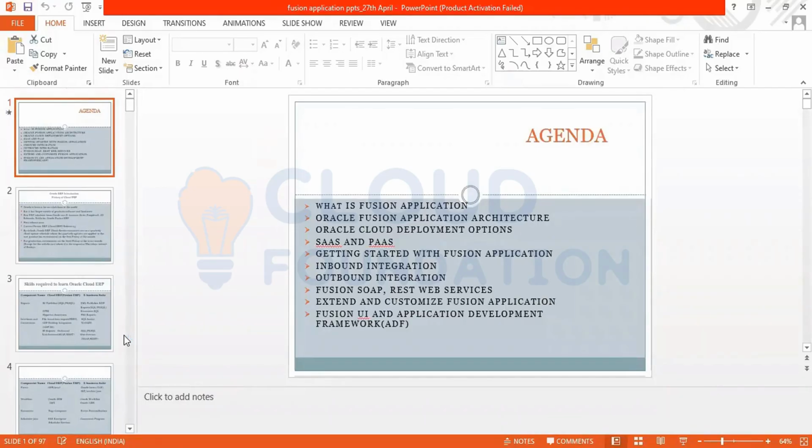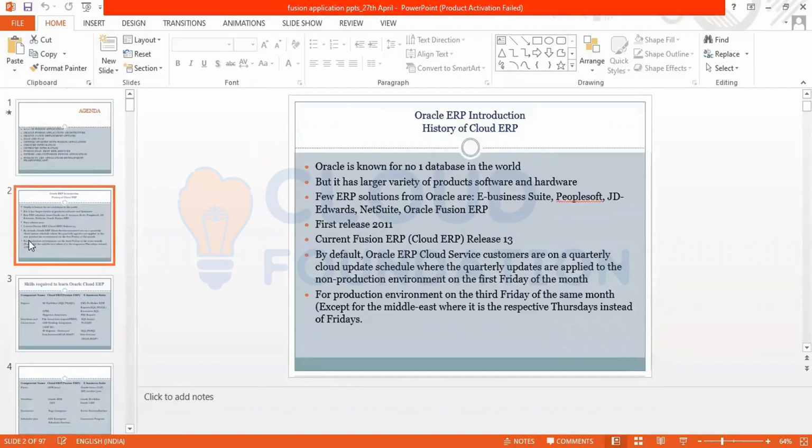When we talk about cloud ERP, it will be a little theoretical. I will not do the practical part. For certain two days the theory will be there. That is, what is its architecture? What are the product families?